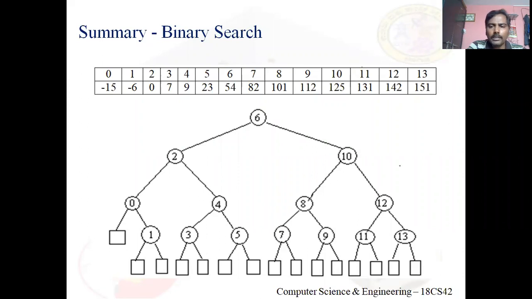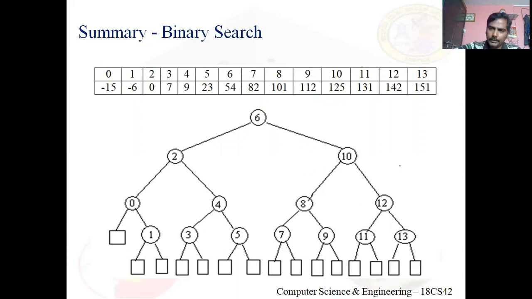Suppose I want to locate element 160. 160 is not existing, right? If it existed, it would be after the last element, that is after element 151, after index 13.